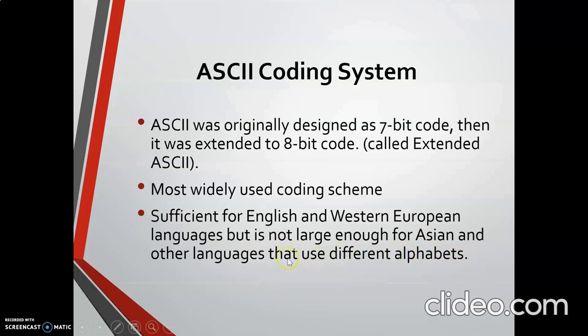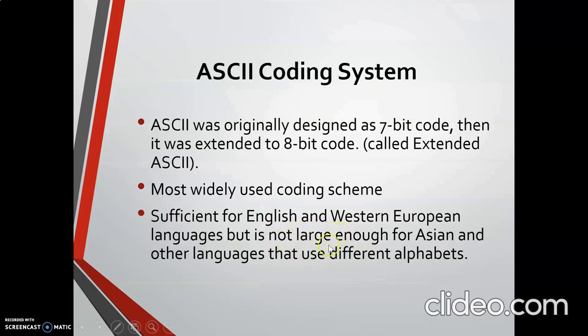What this means is ASCII was originally designed for languages which use ABC only, right? ABC till Z, and other characters. Small letter case, upper letter case, digits and symbols are things that can be represented by ASCII.